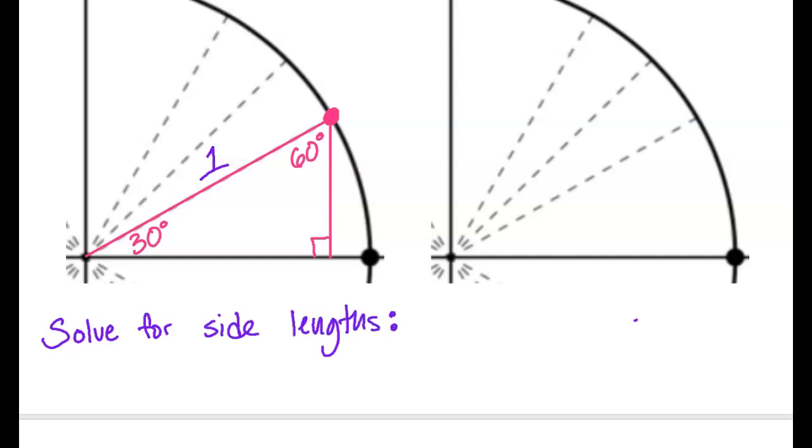Now we know this is a 30, 60, 90. The side across from the 90-degree angle in our side length ratios is always what on a 30, 60, 90?